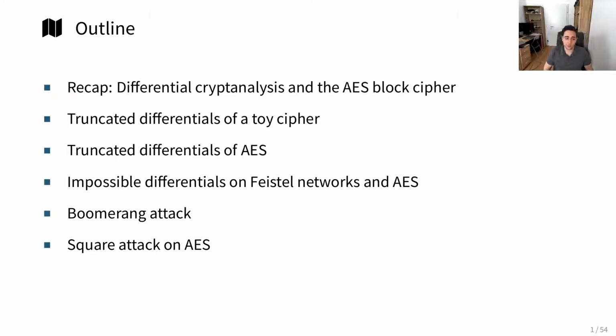And we will then talk about the square attack on the AES. This is somewhat different from a classical differential approach, and we will need some new notations for that. Basically, we'll first talk about the attacks on toy ciphers, always, and then about the application on the AES. What we will also talk about is why the AES is secure against differential attacks. They did something very clever, which makes it resistant against this.